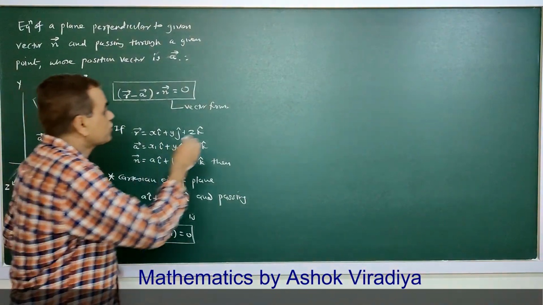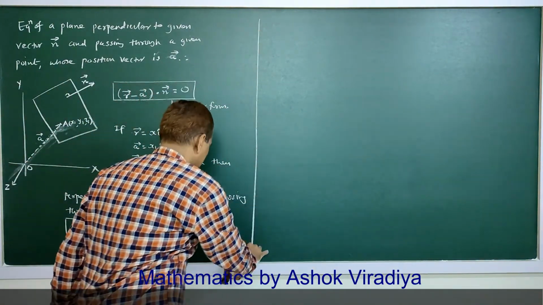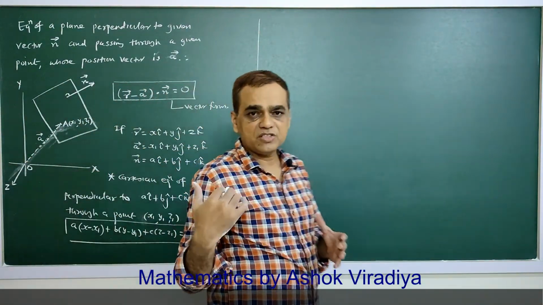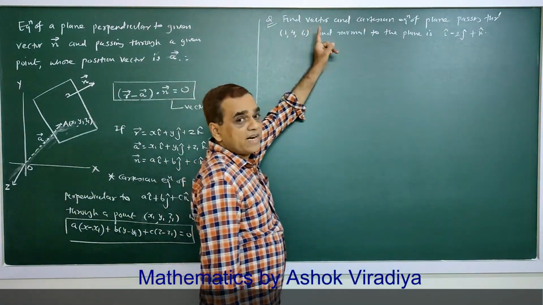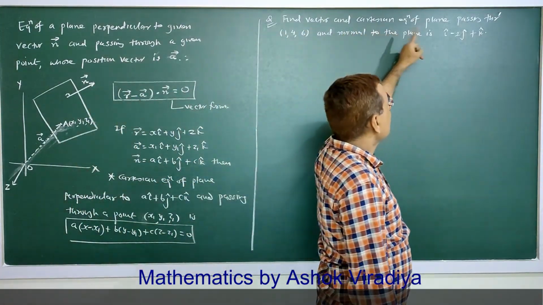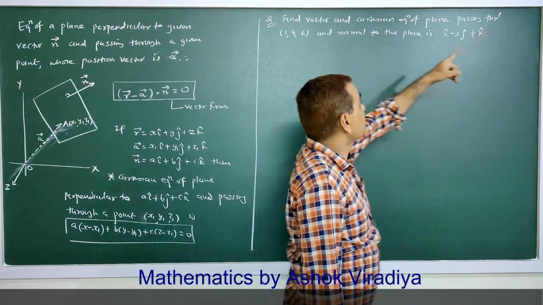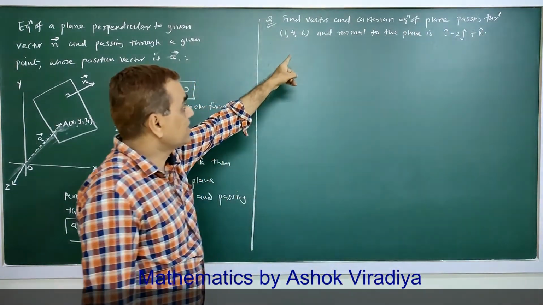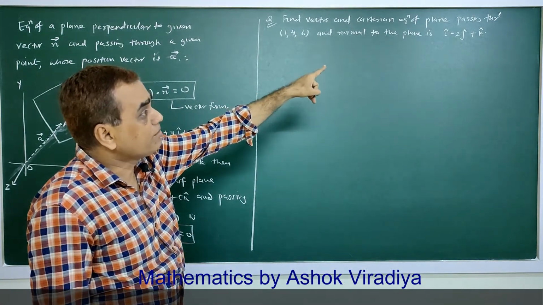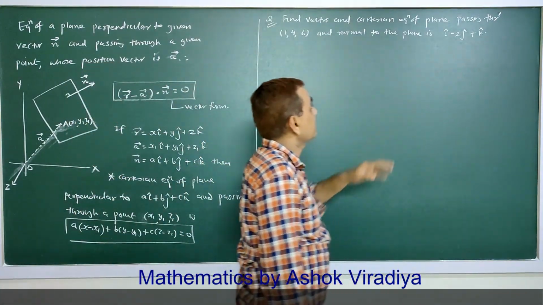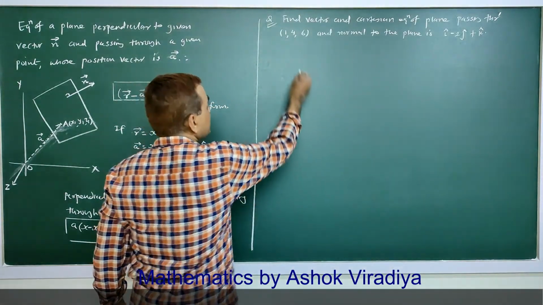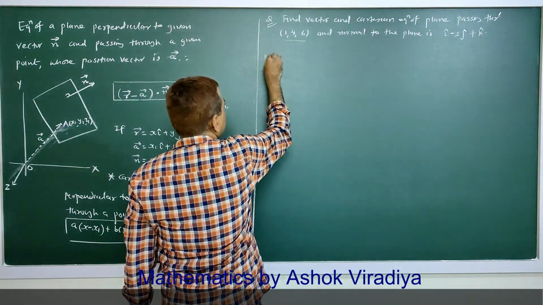Now I am taking a question which is based on this result. Find a vector and Cartesian equation of a plane passing through 1, 4, 6 and normal to the plane is i minus 2j plus k. So here plane is passing through 1, 4, 6.